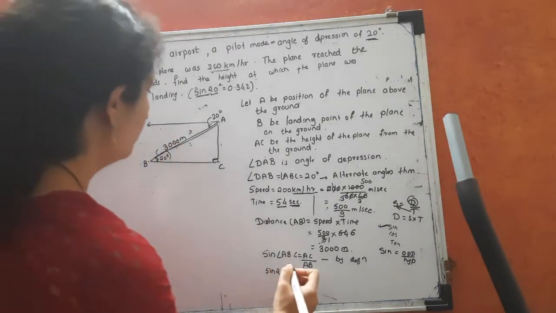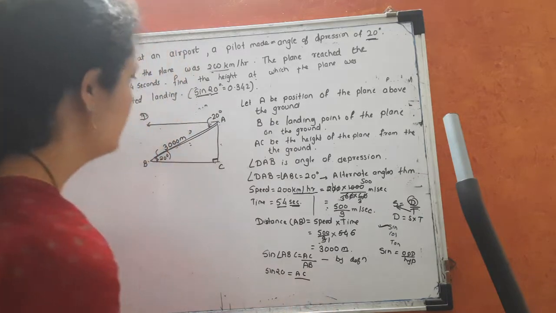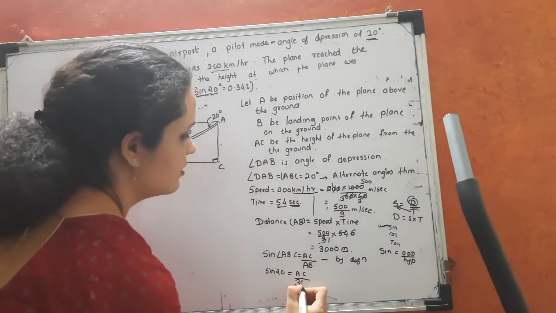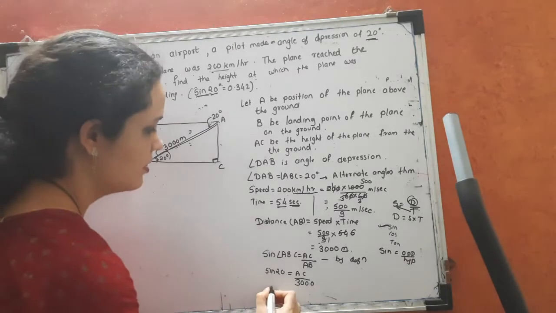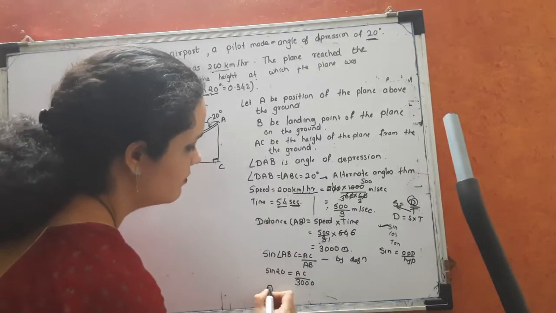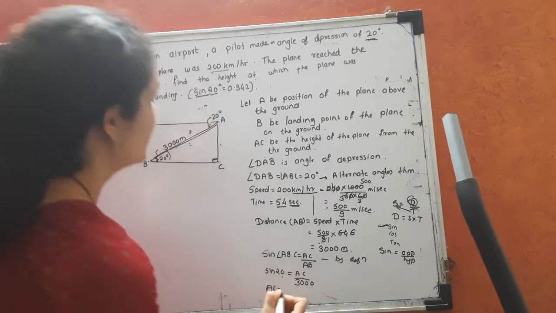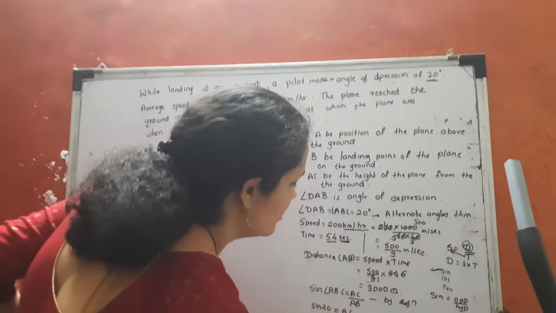Sine 20 is equal to AC, which we don't know, upon 3000. So the AC value will be sine 20, which is 0.342, into 3000.